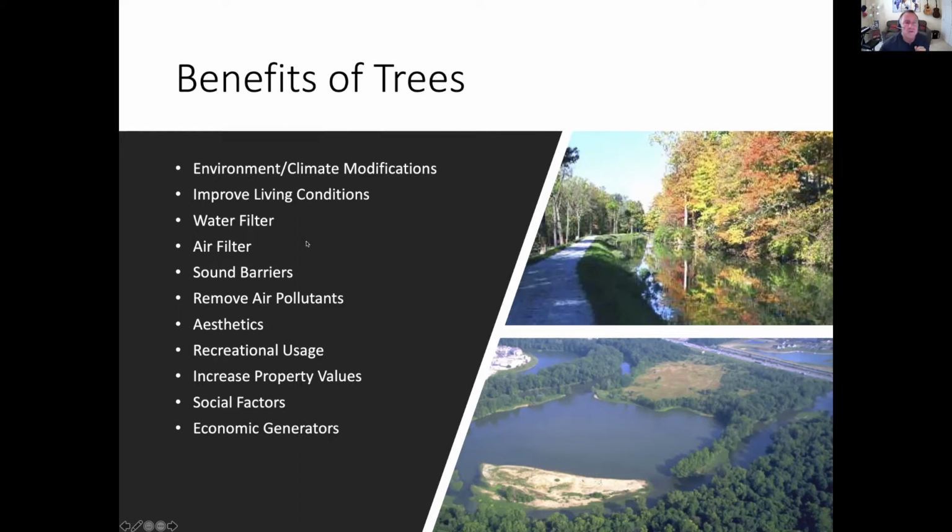But more importantly, these two items here, water filter and air filter, are two, to me, that are personally incredibly vital, especially in Indiana, where, according to the recent rankings that I have researched, Indiana ranks 46 out of 50 states in air and water quality. And it's not getting any better.